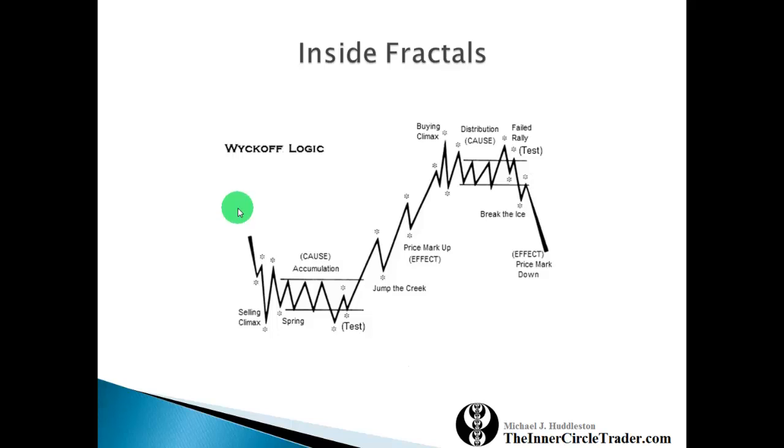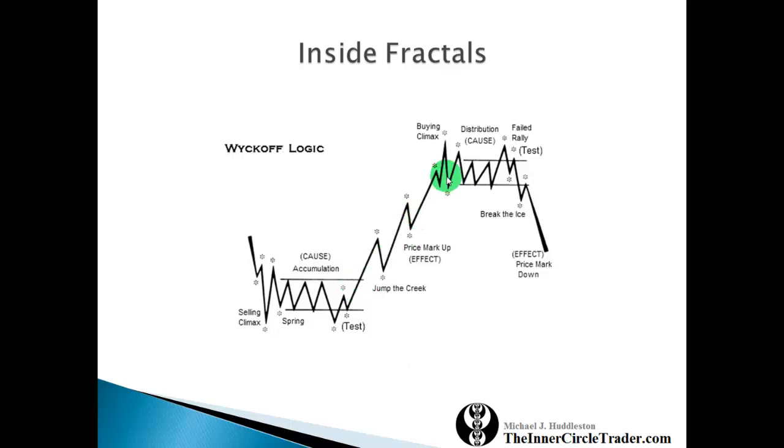They'll always talk about the selling climax. Okay, then it goes into a consolidation. This is the spring, and then the test, the false break lower, and then it shoots back up. It jumps the creek here. This is the cause.